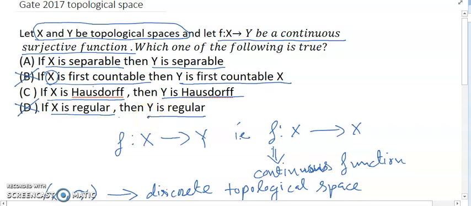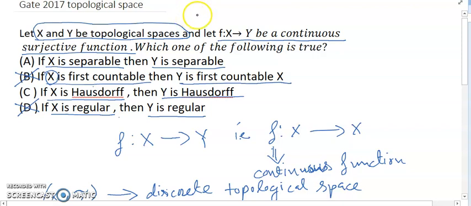This is not correct, because X is discrete topology, then it is regular, but co-countable topology is not regular.